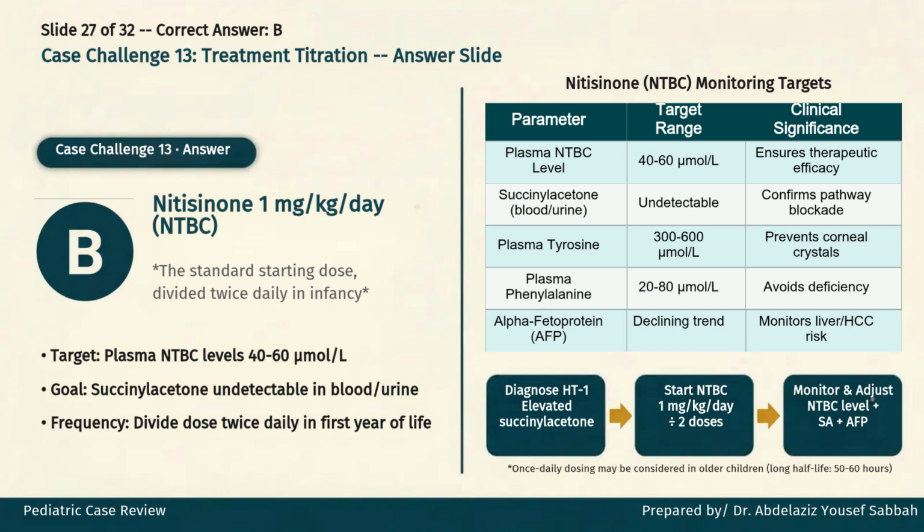Plasma tyrosine should be maintained at 300 to 600 micromoles per liter to prevent corneal crystal formation. Plasma phenylalanine target is 20 to 80 micromoles per liter to avoid deficiency. Alpha-fetoprotein should show a declining trend, which monitors liver injury and hepatocellular carcinoma risk. Once daily dosing may be considered in older children due to the long half-life of nitisinone, which is 50 to 60 hours.